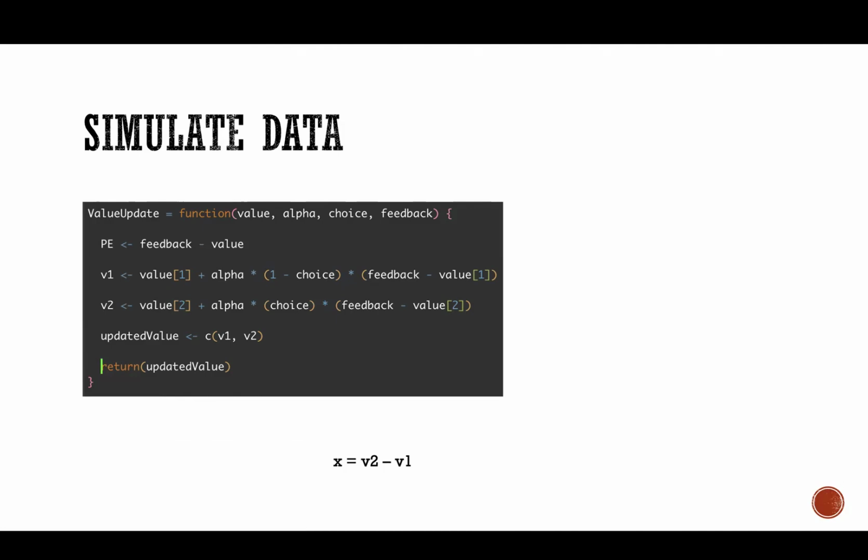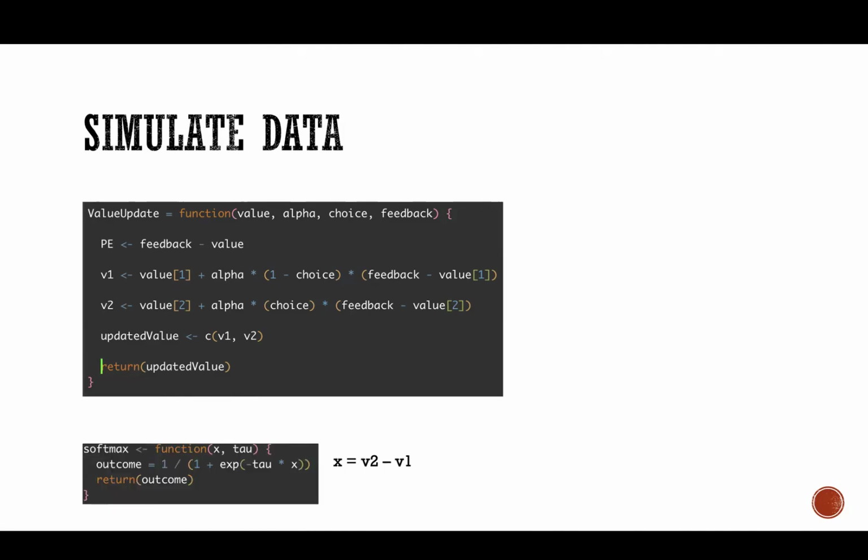Once we have the updated value, then we can run the softmax, and at least a simple version of the softmax requires one value. So we can say that our relative value of picking 1 over 0, or picking the second choice over picking the first choice, is the value of the second choice minus the value of the first choice.